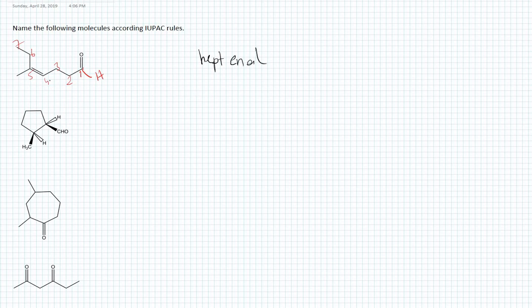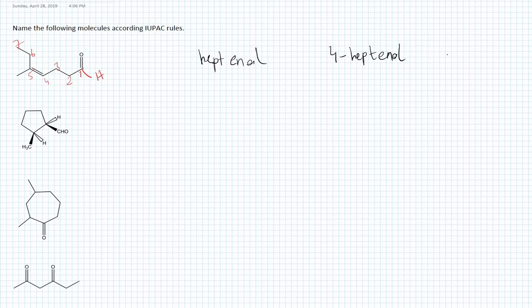And we have to specify that the double bond is at the fourth position, and we can say it is 4-heptenal. This is the old naming system, where the number of the functional group is written before the parent name.